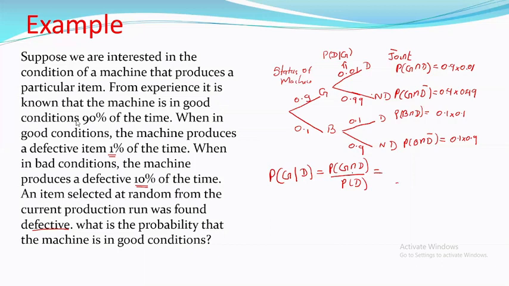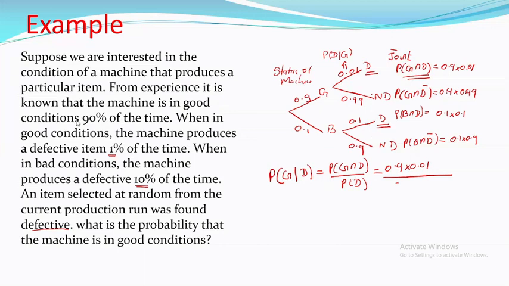The probability of G intersection D means the machine is in good condition and the produced item is defective. That is given by 0.9 times 0.01, divided by the probability of the item being defective. For an item being defective, there are two cases: the good condition machine producing a defective item, or the bad condition machine producing a defective item.